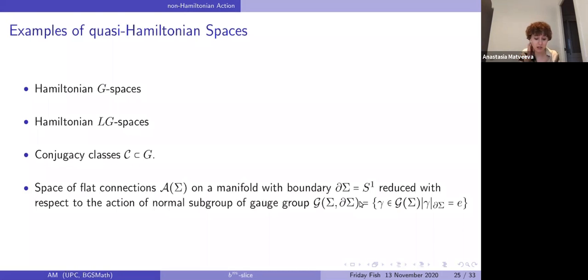So if you take reduction with respect to the action of the subgroup of the gauge group that's identical at the boundary, you'll also arrive at a quasi-Hamiltonian space. Why do we need that? Because we want to prove the slice theorem for this case and combine it with the singular case.